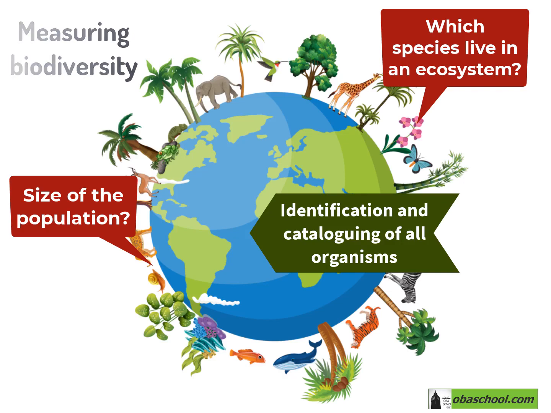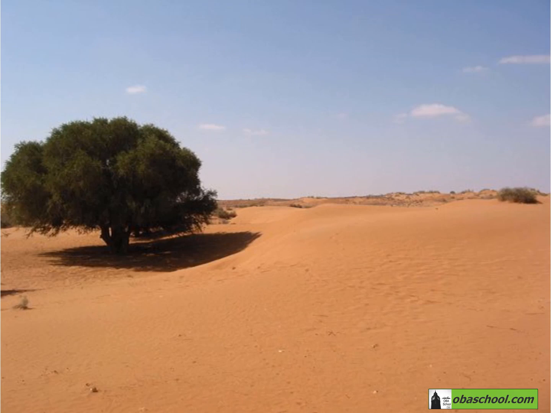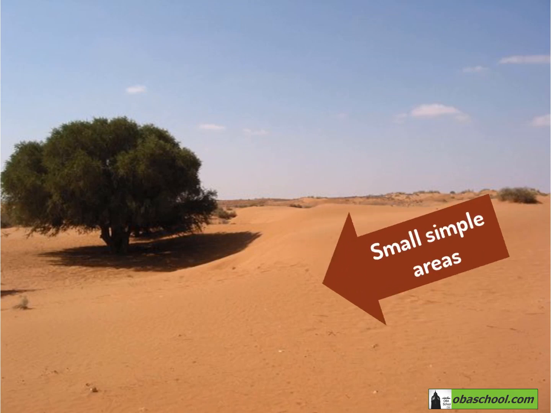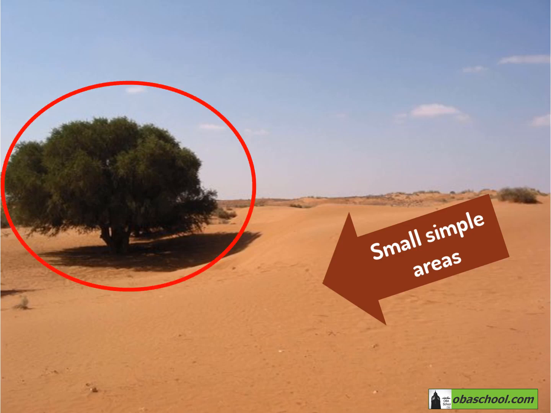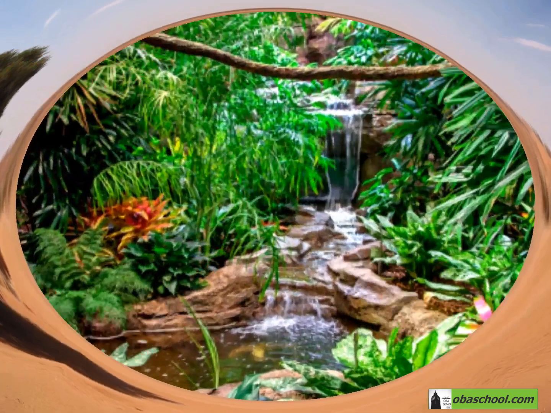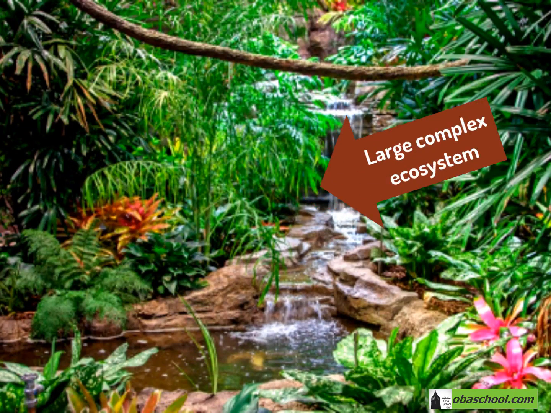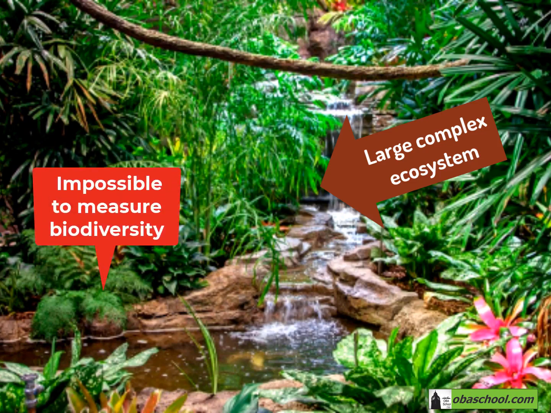This can be possible for areas that are very small or where the species are very large, like the trees. However, for larger and more complex ecosystems like the rainforests, it is simply impossible to find, identify, and count every organism that exists there.